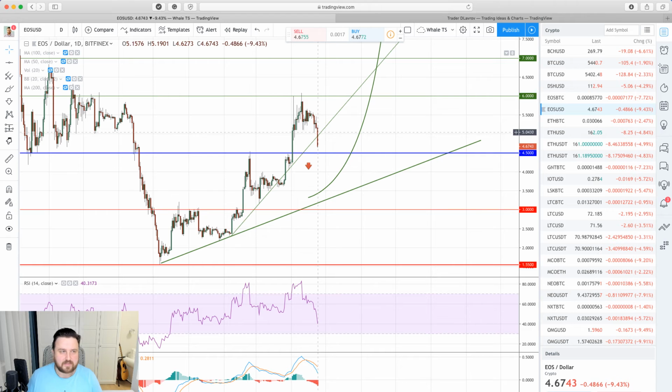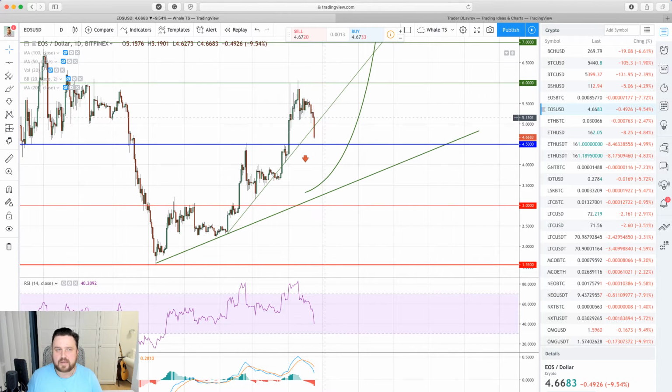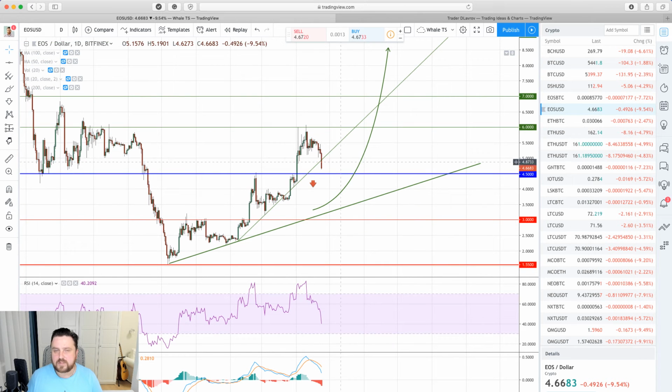You can see that sometimes local trend lines can be not so strong, and the market can break them easily. We had the same situation with EOS, and after reaching the 6 level, price bounced again.